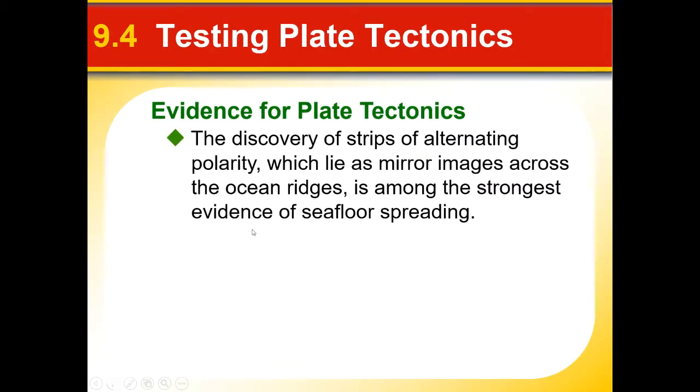So, as evidence for plate tectonics, the discovery of strips of alternating polarity which lie in mirror images across the oceanic ridges is among the strongest evidence of seafloor spreading.